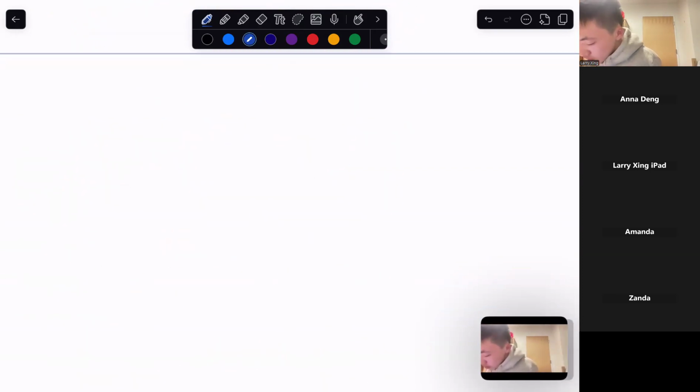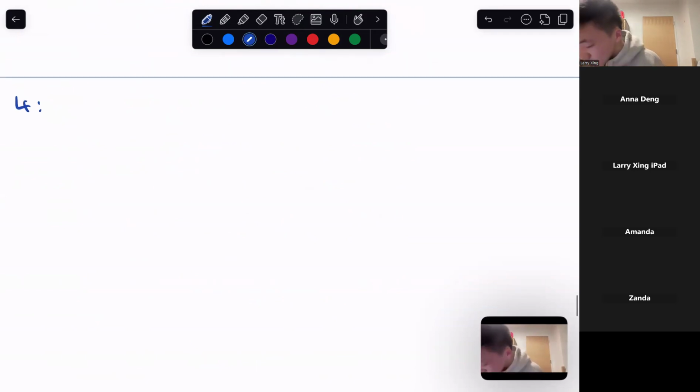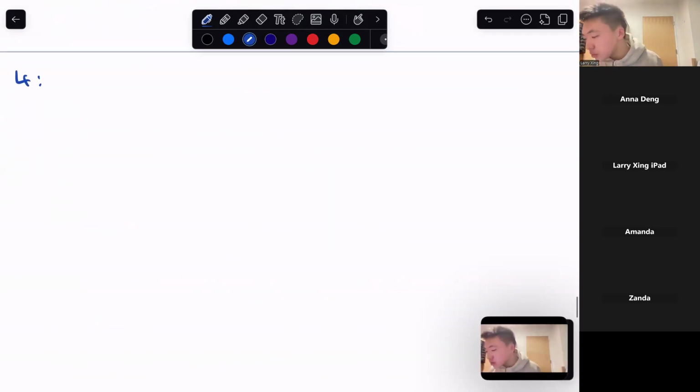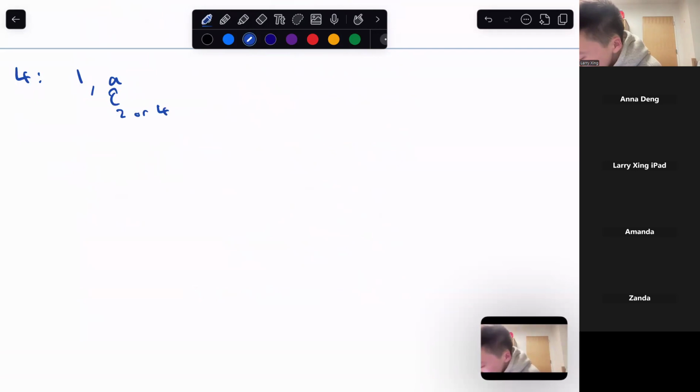Okay, so let's try something even harder. Let's try 4. Well, 4 isn't too bad because in this case, we can just generate what every element must go to. So we must have an identity, so that's already there. Now let's suppose we have an element A. A must either have order 2 or 4. So suppose A has order 4, then this must generate the whole group.